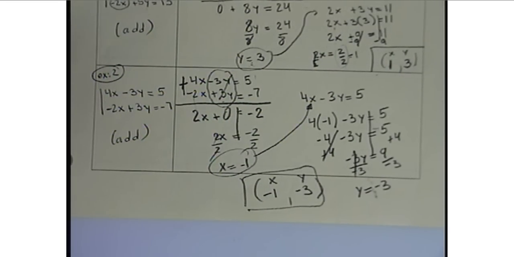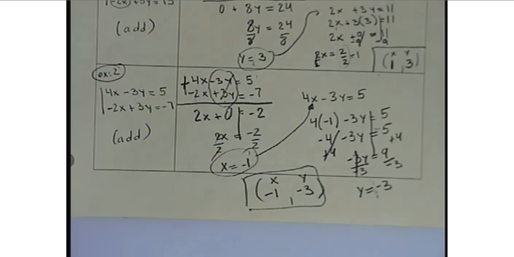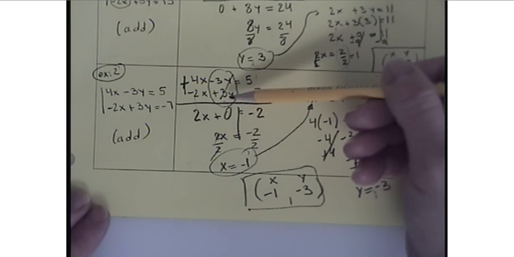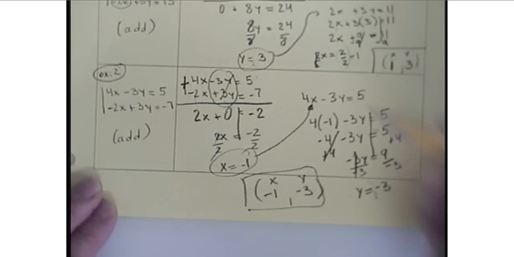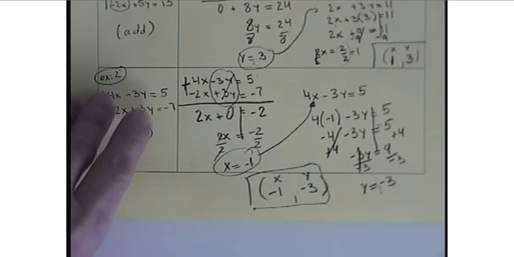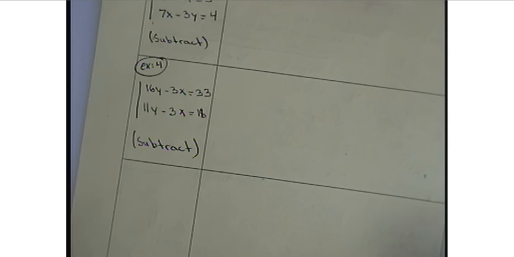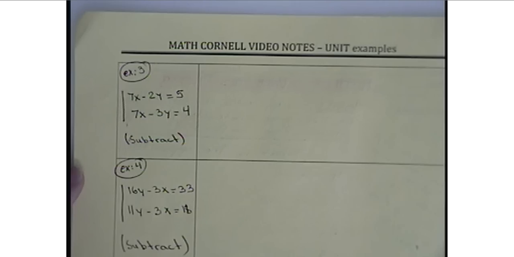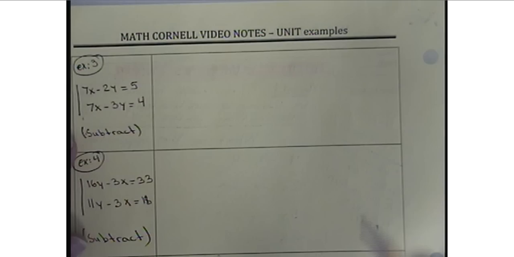So those are the cases when we have opposite variable terms and they're easy to cancel. Now I want to show you how to solve systems when we have terms with the same sign. So for example, number 3.